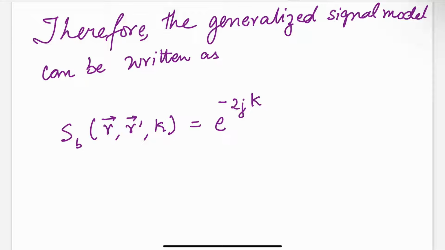I'll just write k. k is equal to k_t for FMCW.